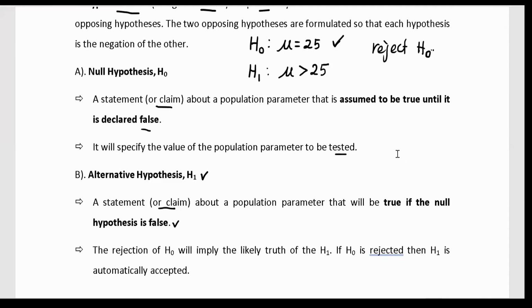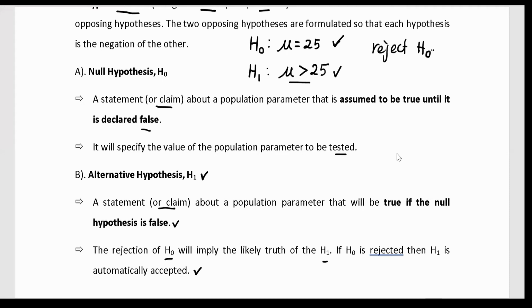See the second point: the rejection of H0 will imply the likely truth of the H1. If H0 is rejected, then H1 is automatically accepted. So in this case, if we reject the H0, it means after the use of the new fertilizer, the mean height of this plant has increased because the population mean is greater than 25.